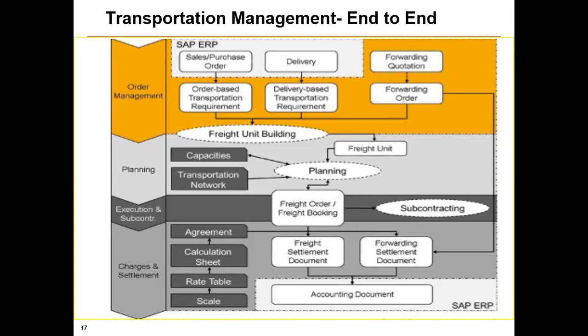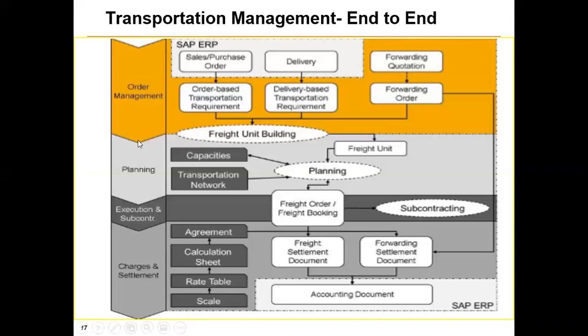Two things: one is the resource capacity, the other is the scheduling. So the direction should be from the planning circle to this particular capacity box.